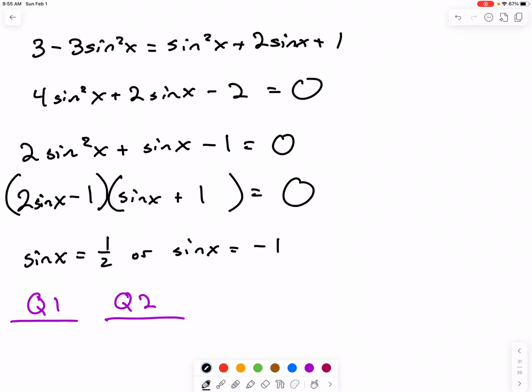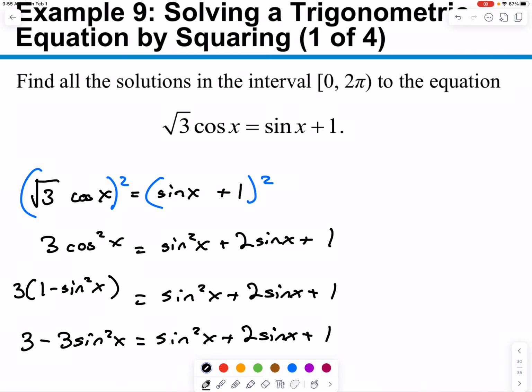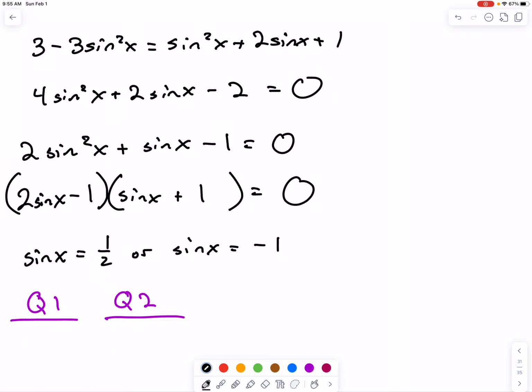Sine is our y. So 30 degrees, I guess we're in terms of radians, right? Let me check. Yeah, radians. So 30 degrees corresponds to pi over 6. That's going to repeat so we're going to say plus 2 pi n radians.